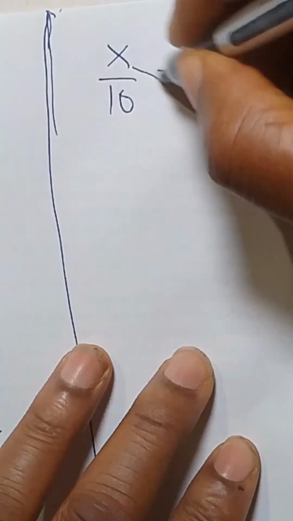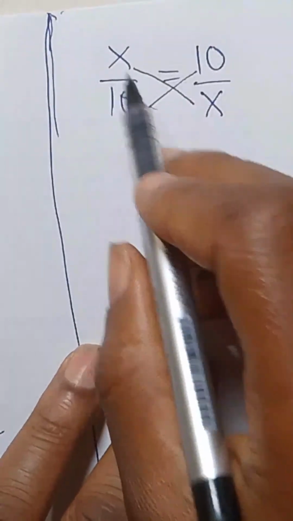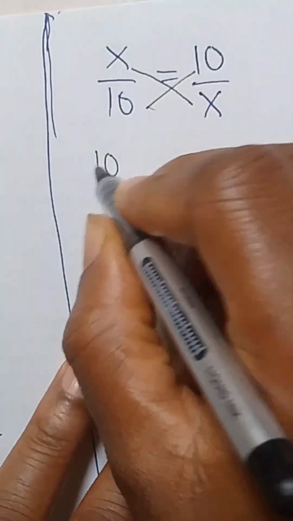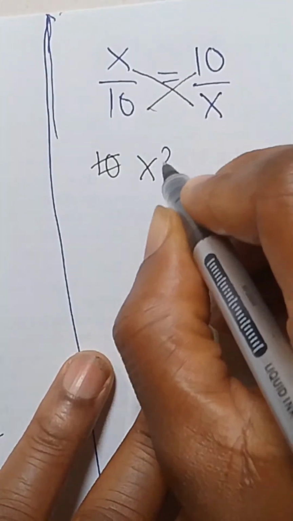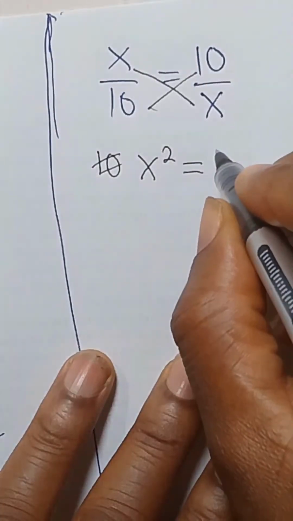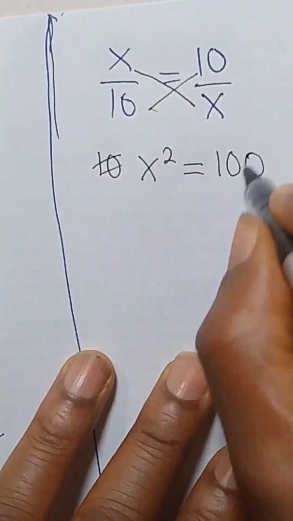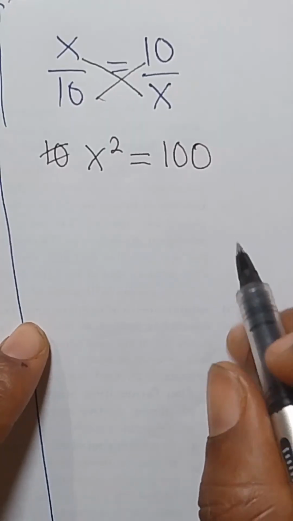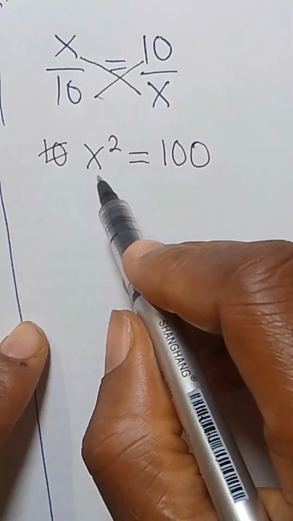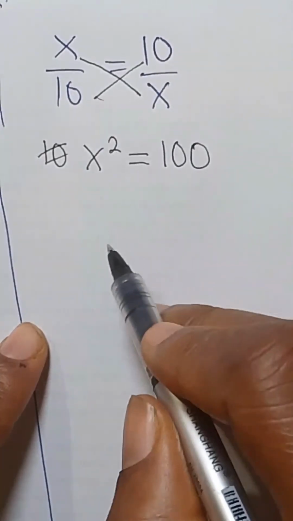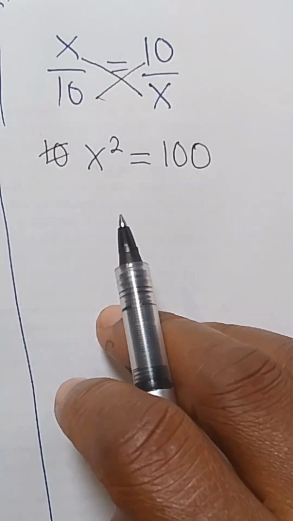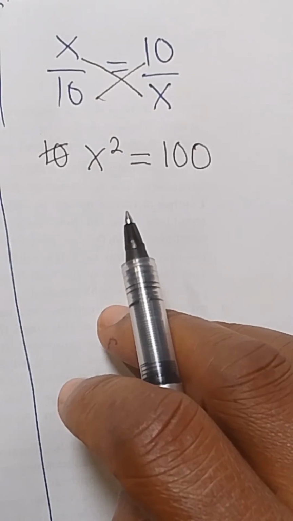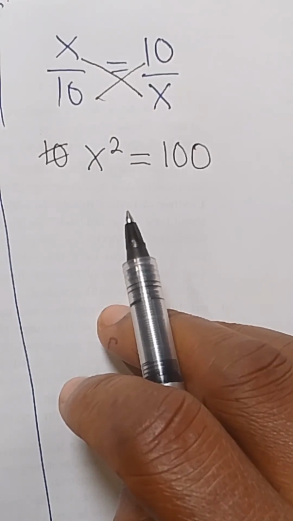If you cross multiply, x times x, we have x square is equal to 100. I've said it before, I'm saying it again. Whenever you have x square, the first thing that should come to your mind is quadratic equation. Whenever you have any number and the highest power is x square, it is a quadratic equation.